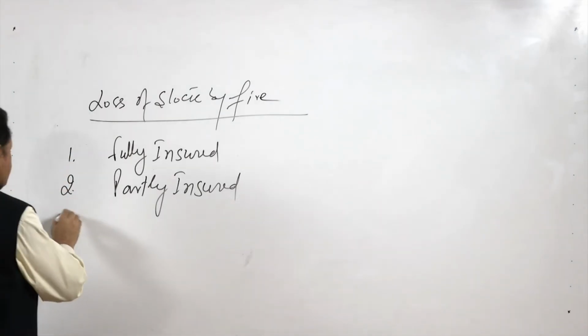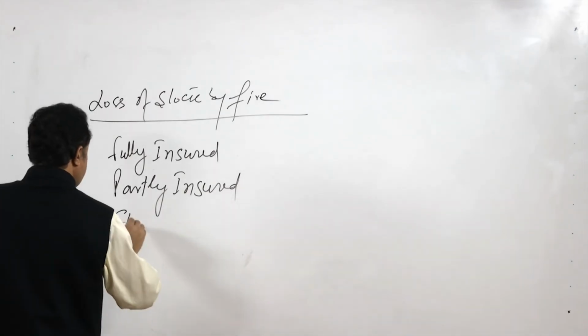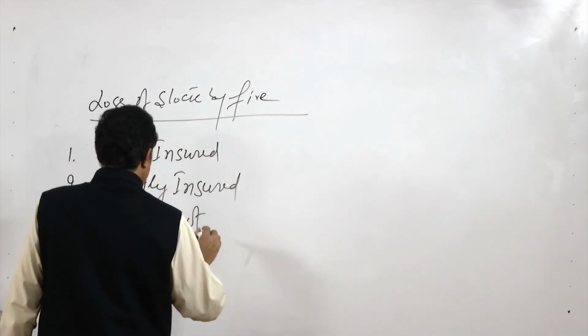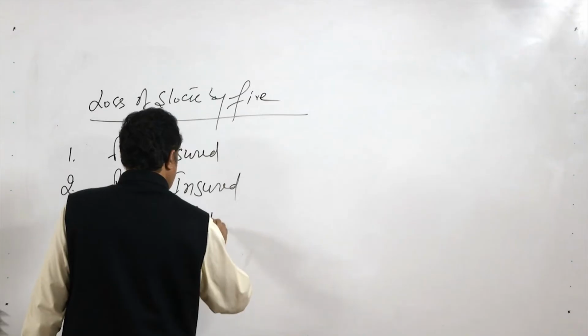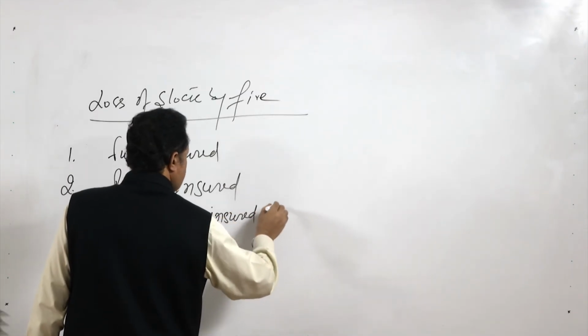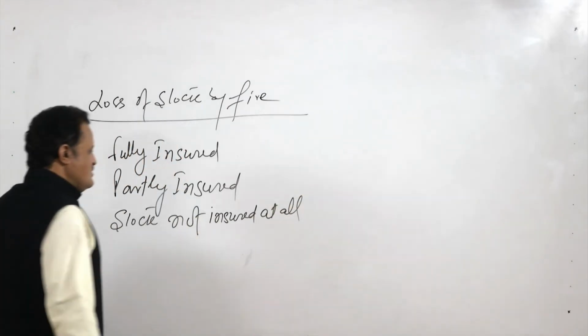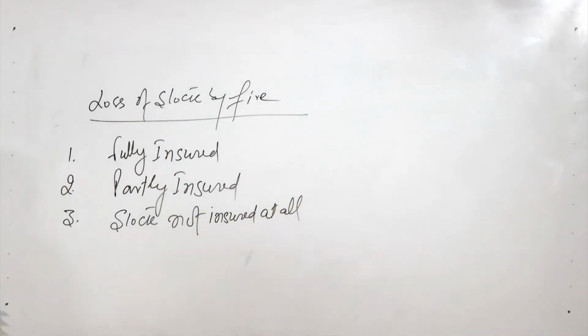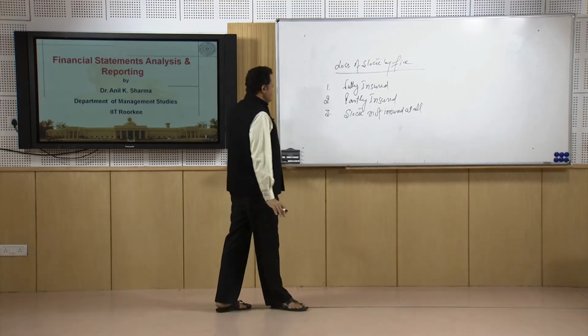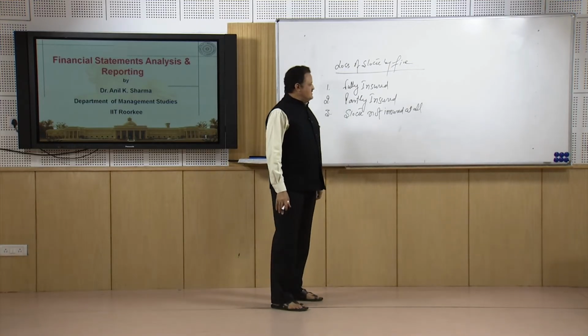And third situation can be that the stock is not insured at all. There is no insurance taken by the firm. Three different situations: fully insured, partly insured, or not at all insured.